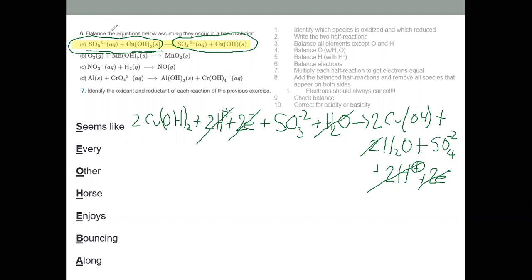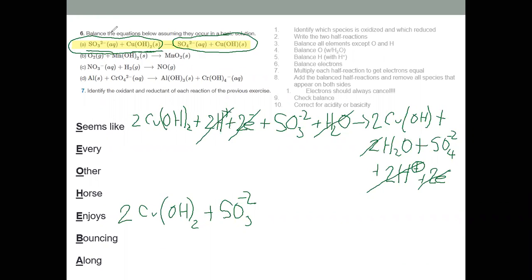Now we have 2 copper hydroxides plus SO3 2 minus, a little bit nicer there.